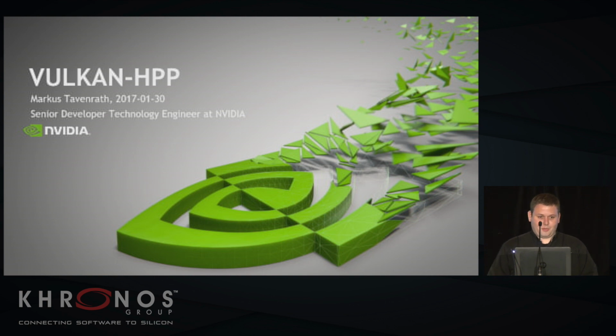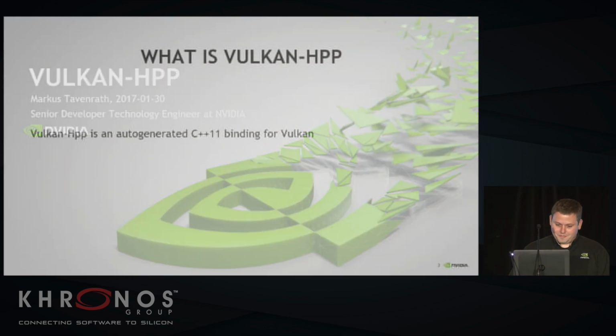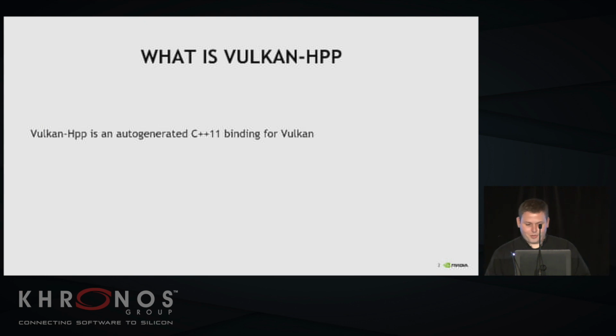And so one of the things we had starting with Vulkan was it's a C API, which is important to be as portable as possible. But C has quite a few limitations, so we decided to generate something we call Vulkan-HPP to bring the awesomeness of Vulkan to C++, hopefully without any performance implications. So what is Vulkan-HPP?